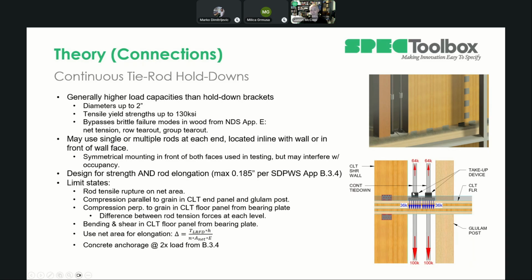And that all works with 1 3/4 inch rods in this example, but for that load, my compression perpendicular to grain wouldn't work unless I use a custom bearing plate there. So things like that to take into account. But that at least gives you an option for these really high loads that you come up with in these higher seismic locations.